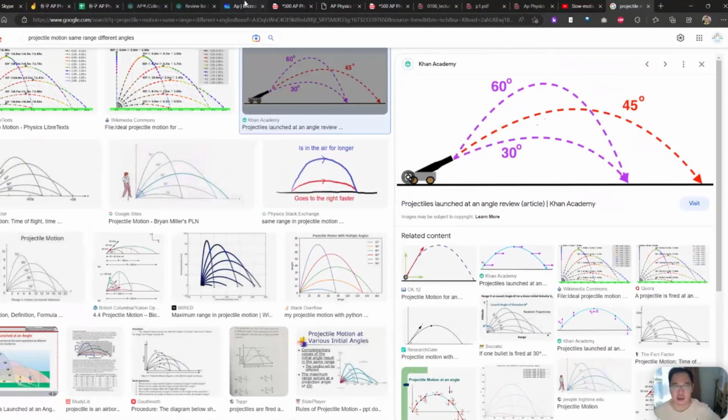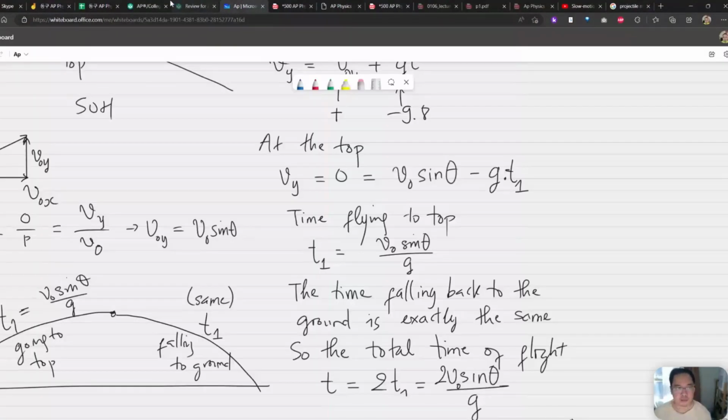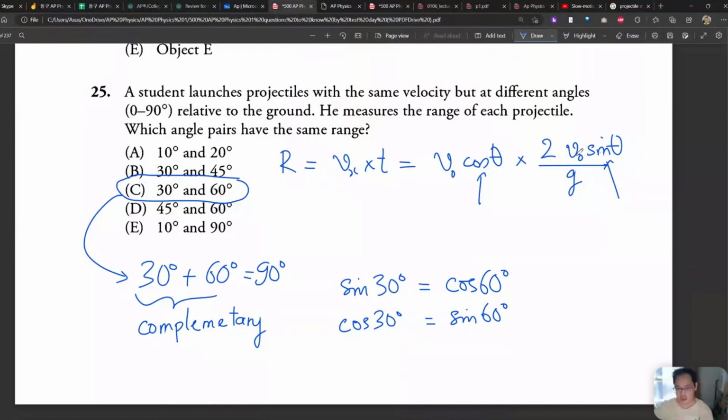Why? Because we can simplify the range equation. Cosine multiplied with sine of the same angle gives sine of 2 theta, so the range is v0 squared times sine of 2 theta divided by g. The range is maximum when the sine is 1, since the maximum value of sine is 1.